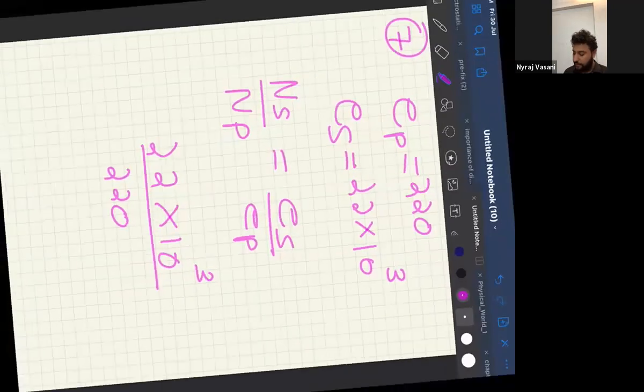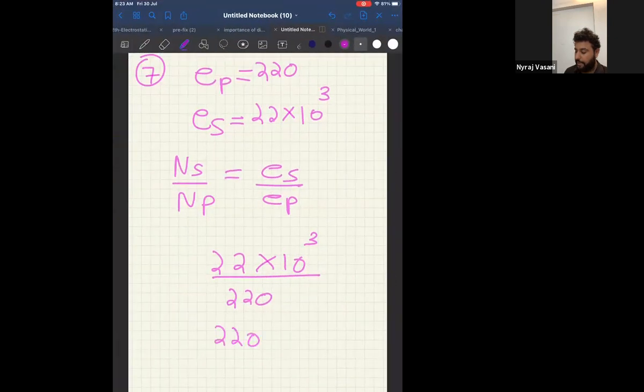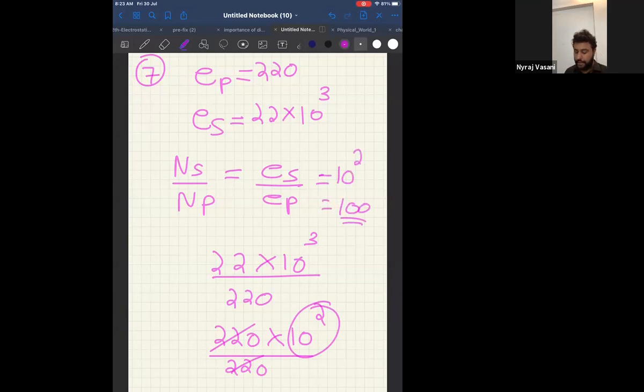Correct? Therefore, tell me, what will be our answer? So, can I write 22 into 10 power 3 as 220 into 10 square upon 220? Now, 220 and 220 will cancel. Therefore, NS by NP is 10 square, which is 100. Therefore, the answer for the 7th one will be B, which is 100. Just check if you are getting the same answer.